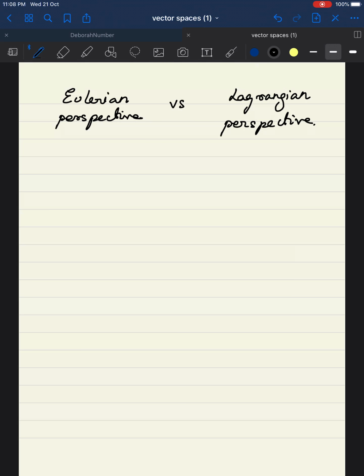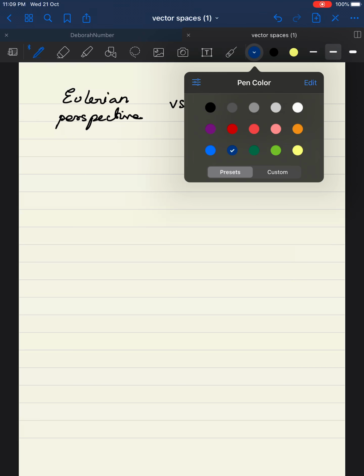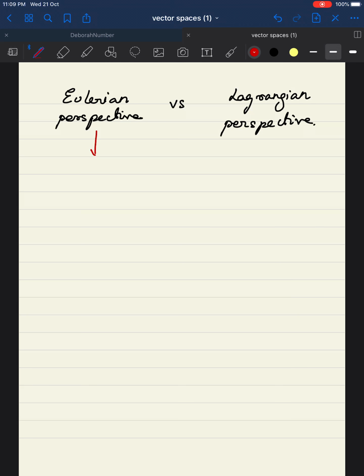And often we are interested in the behavior of an entire system of fluid rather than individual particles. And because of that, we decided that the Eulerian approach suits us better, where the observer is now free to choose what we call a control volume, and we'll call it CV for short for the rest of this class.